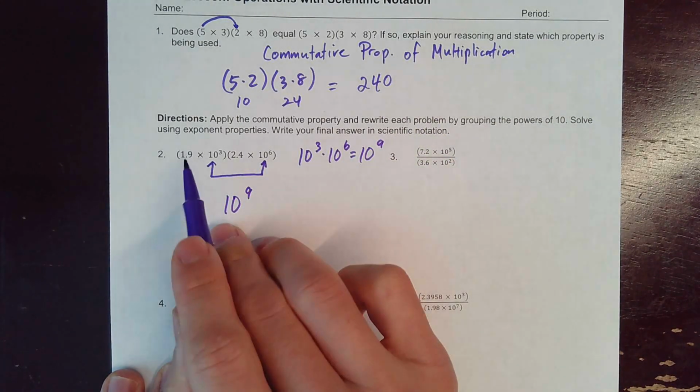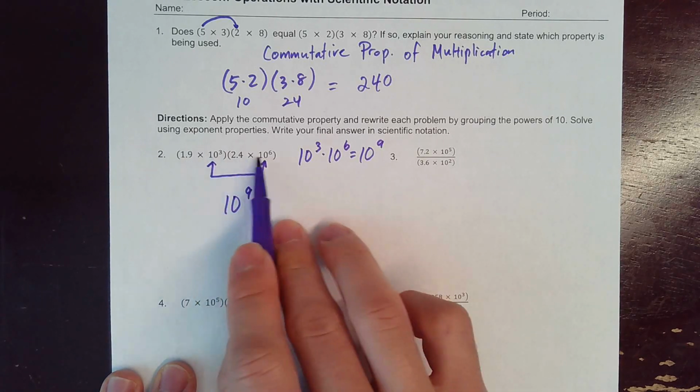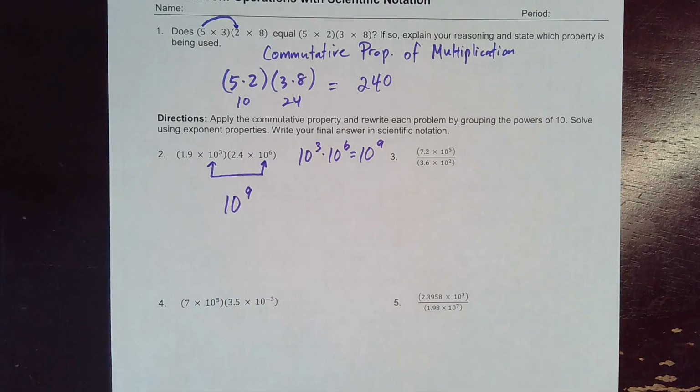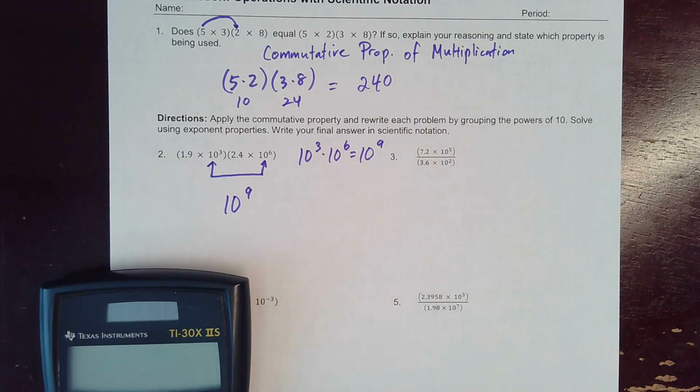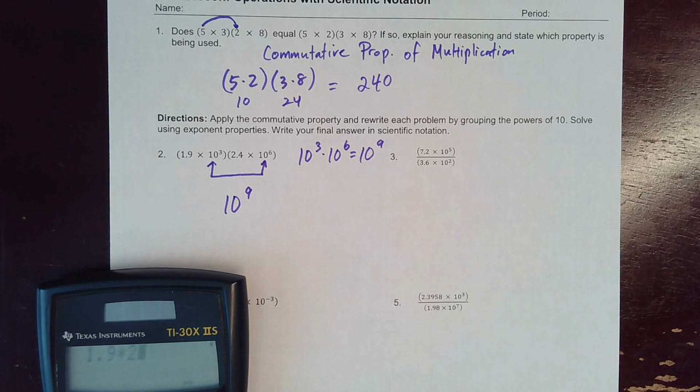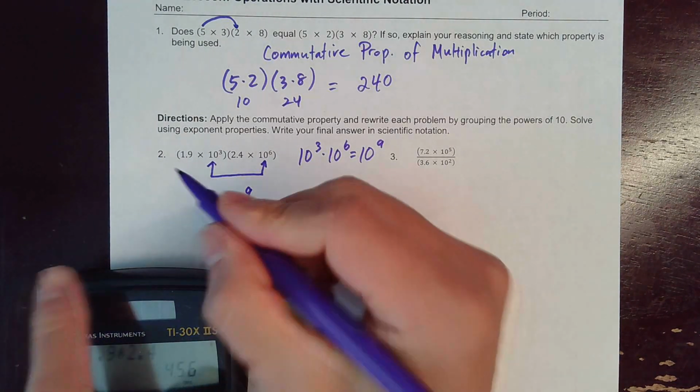Okay. Then, we've already gotten the placeholders correct. And now we just have to figure out what 1.9 times 2.4 is. I don't expect you to do that in your head. Let's just calculate that using a calculator. 1.9 times 2.4 is 4.56.